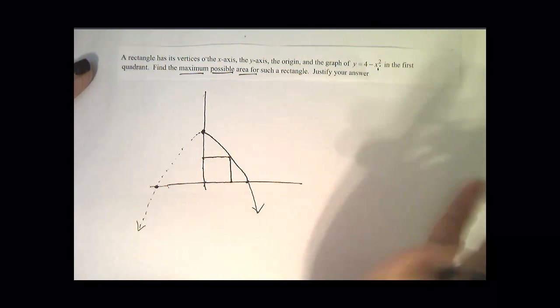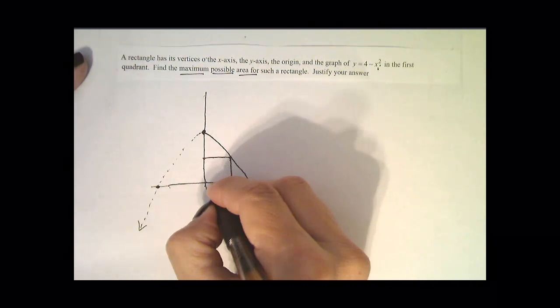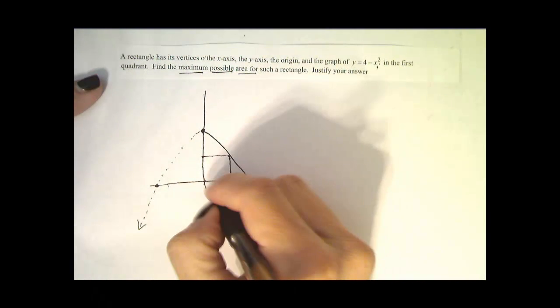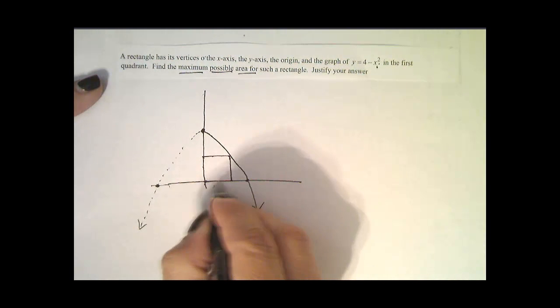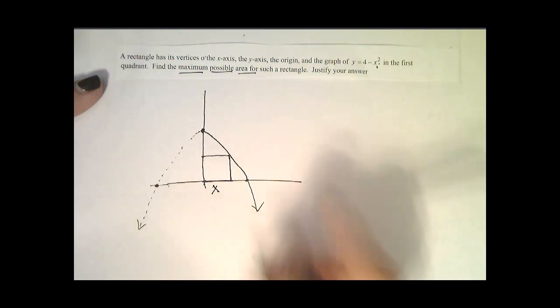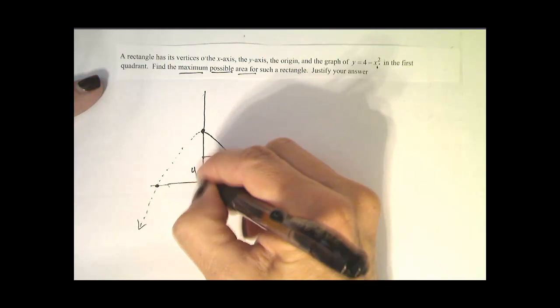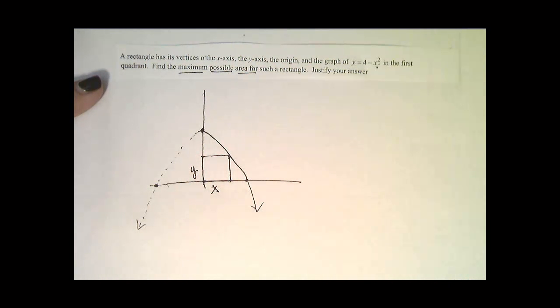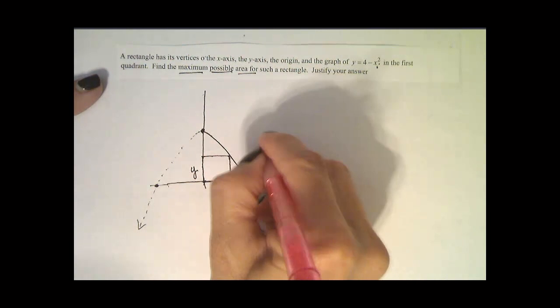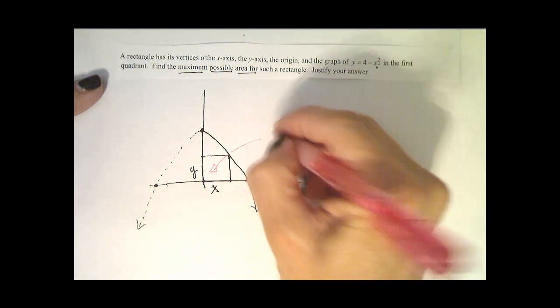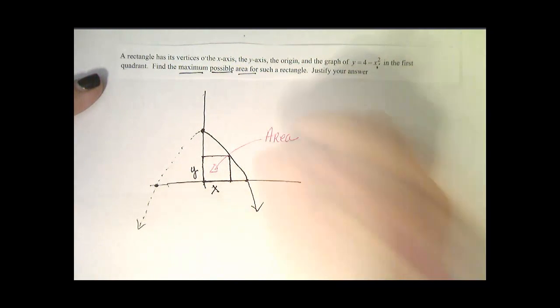So let's label what is changing, or what we don't know. x is this distance right here, because I don't know how far it goes out on the x-axis, and we'll say this distance right here is y. And what we want to do is maximize the area of that rectangle.